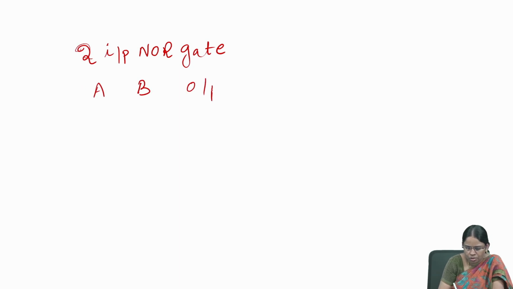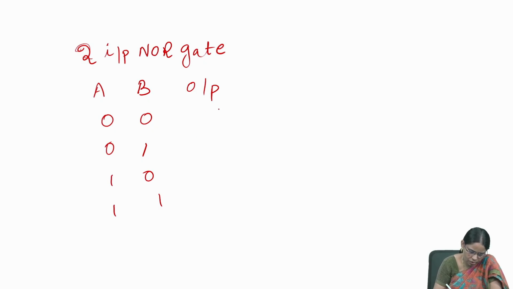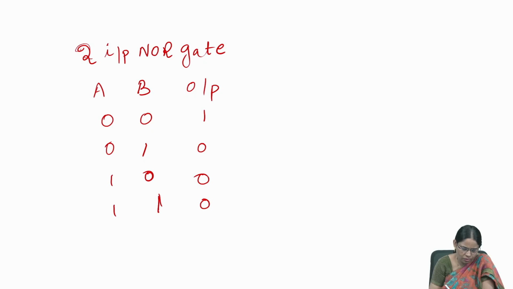We are considering this truth table. With 2 inputs we get 4 combinations, and for the NOR gate, whenever any one of the inputs is 1, the output is 0. In the remaining condition, the output is 1. This is the truth table for the 2 input NOR gate.